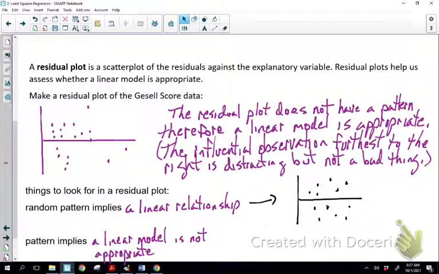So we hope for just a random spray of dots everywhere, whereas maybe a pattern would look something like that, or something like that.